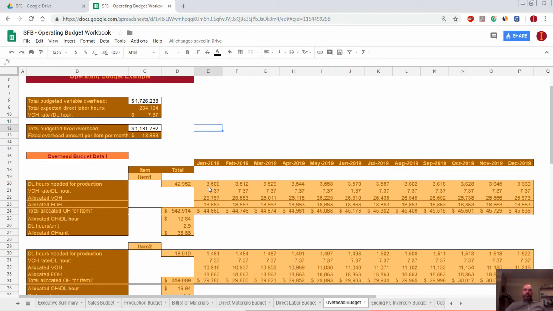Alright, so like we did in the direct labor budget, we know how many direct labor hours we expect we're going to need in a given month for a given item. List that out here. We've got our variable overhead rate per hour above, and here's the amount that we expect to allocate of variable overhead to each item. Simple as that.